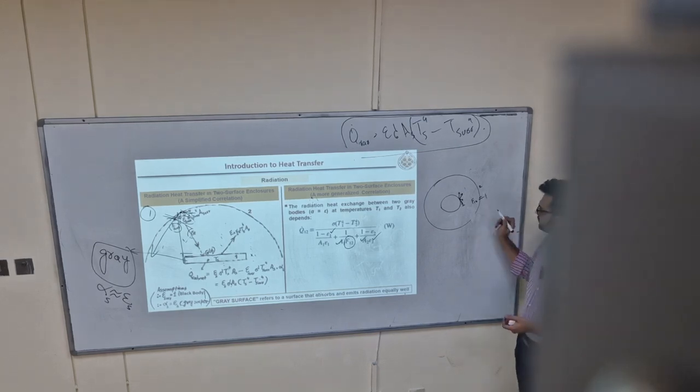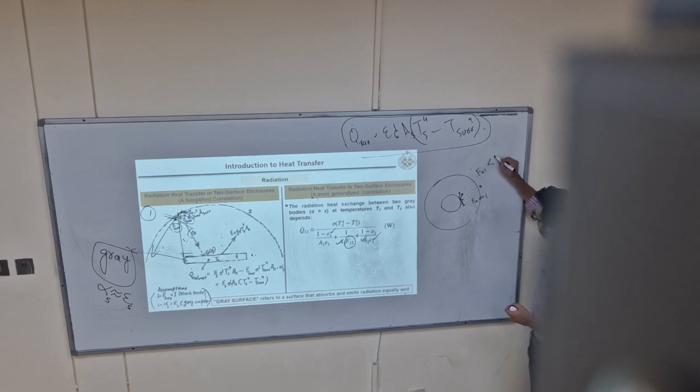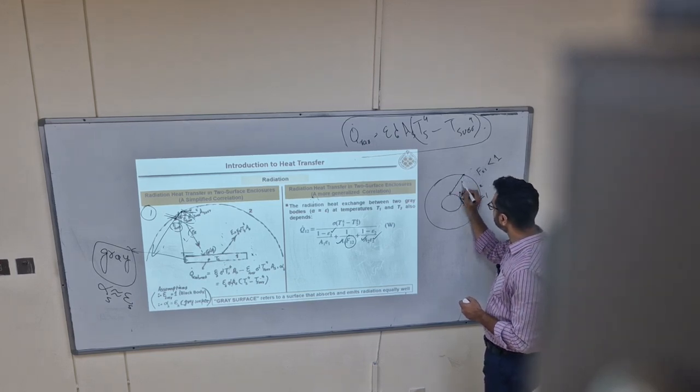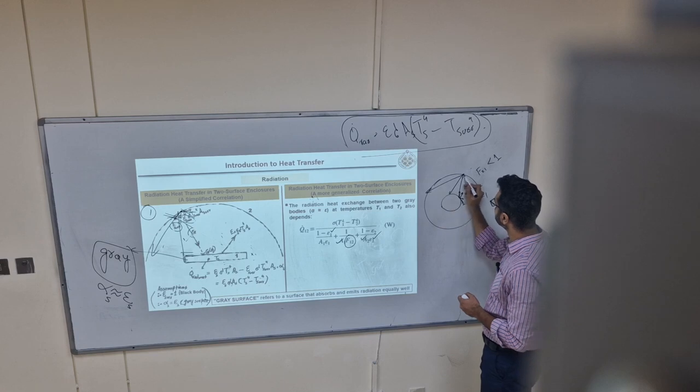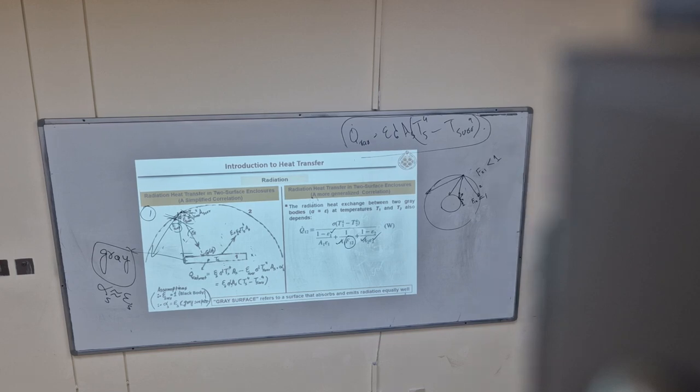So F1 to 2 is 1. But F2 to 1 will be less than 1. Look, the radiation emitted by surface 2, a part of it will reach here, but this will not be reaching surface 1. So F2 to 1 will be less than 1.